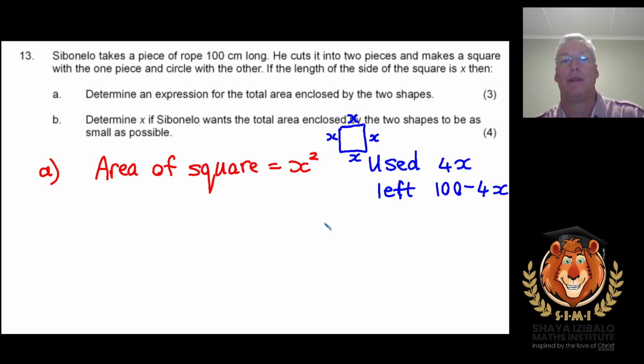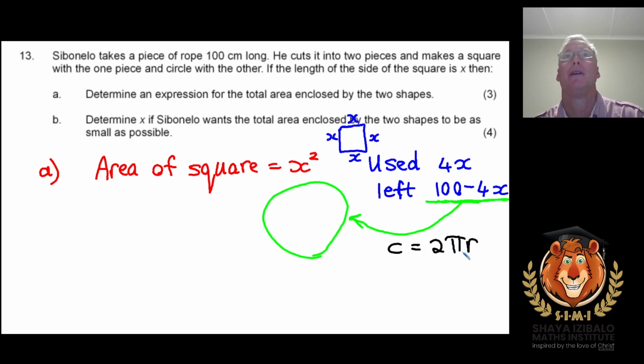Here's the circle. Right? Let's try not to draw it over the x squared this time. Right, there's a circle, not very well drawn. But that 100 minus 4x actually represents the circumference of this circle. Now, the formula for circumference of a circle is pi times diameter, or 2 pi times radius, right? So we know that the radius is the circumference divided by 2 pi.